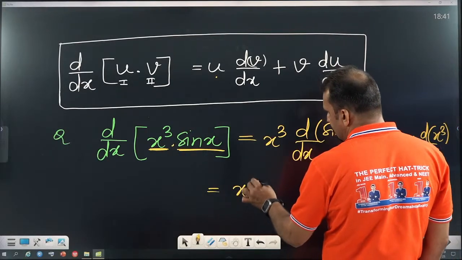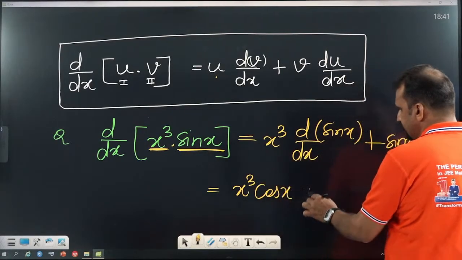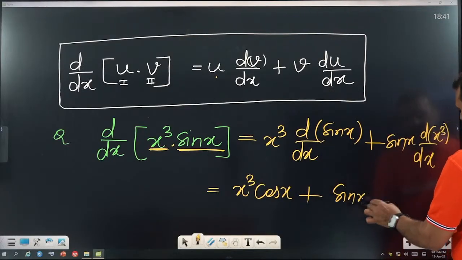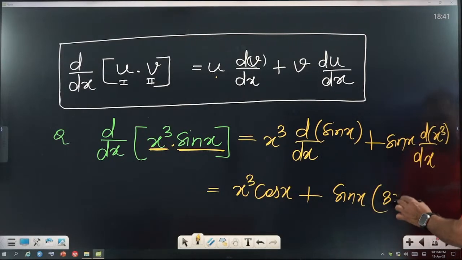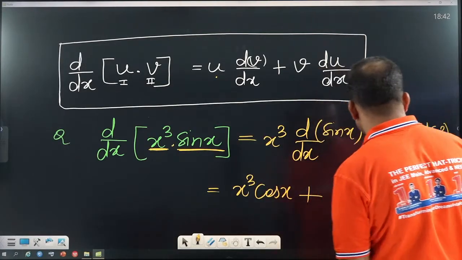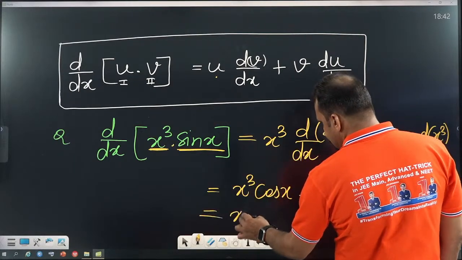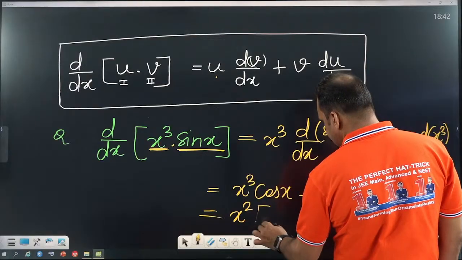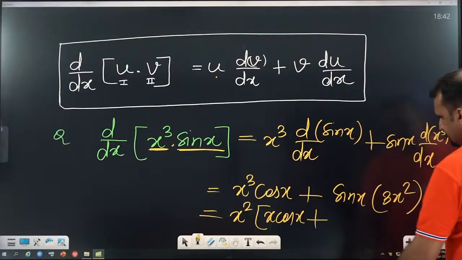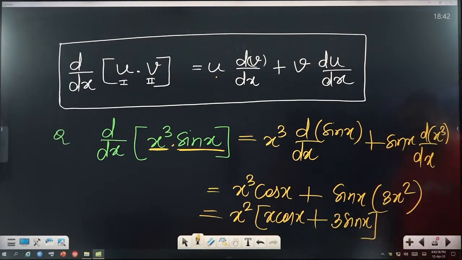This is x power 3, differentiation of sin x is cos x, plus sin x, differentiation of x cube is 3x square. So this is the differentiation for the given function. You can simplify this function also. We can take x square outside, this is going to be x cos x plus 3 sin x. So this is the final answer for this question.